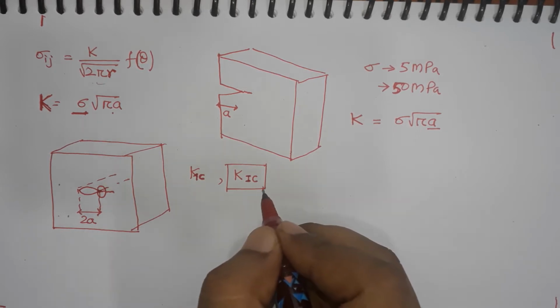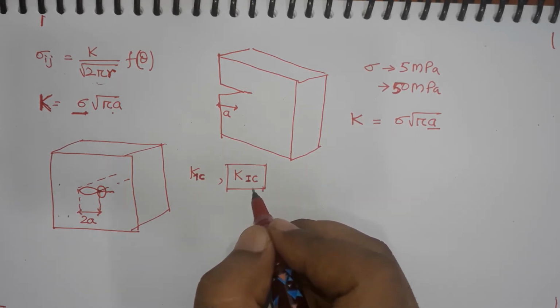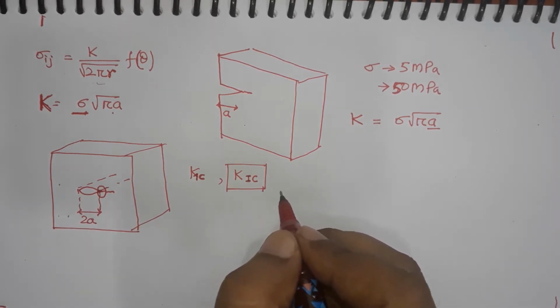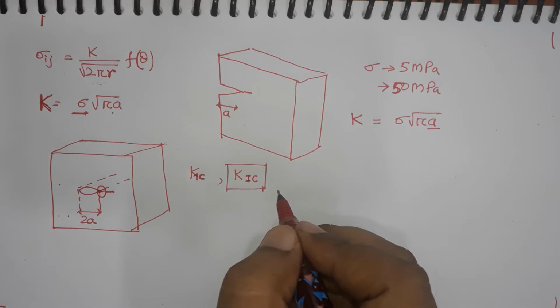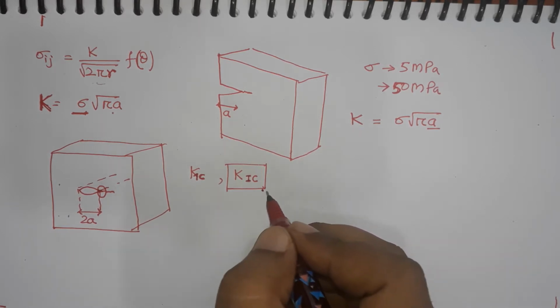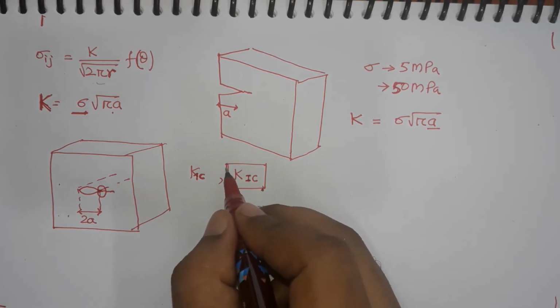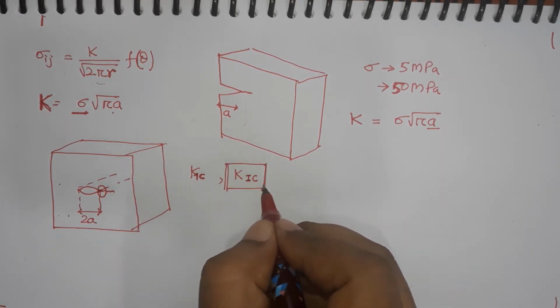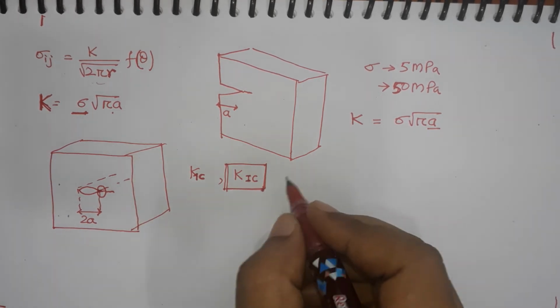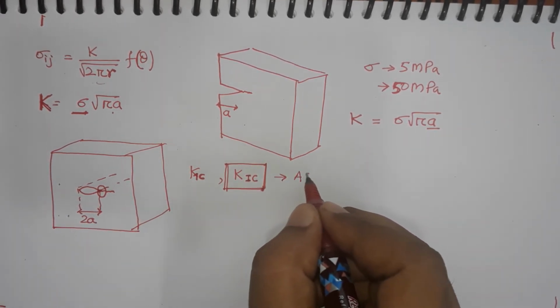If you reach that value, a crack initiates in the system, and remember that it initiates, it does not propagate, and we will come to that point when we talk about the procedure of experimentally measuring the value of K1C for any type of material following the ASTM standard.